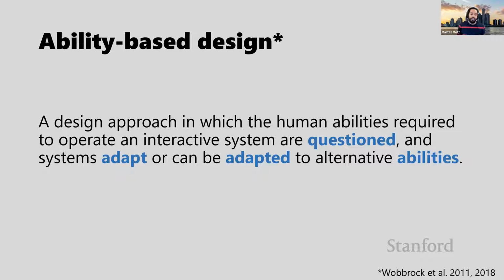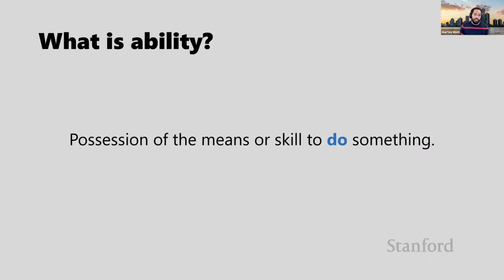In ability-based design, you understand what human abilities are required to operate an interactive system, and then you want to understand how systems can adapt or be adapted to these alternative abilities. So it puts the abilities part first in thinking about how you might design different technologies for people. Again, it's still this notion of: what is ability?